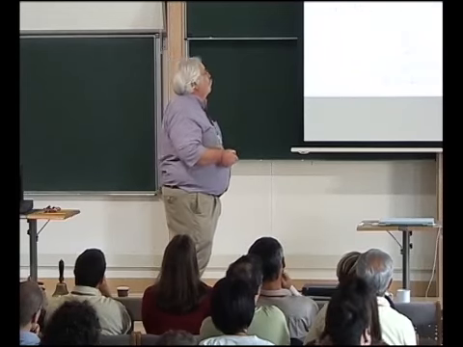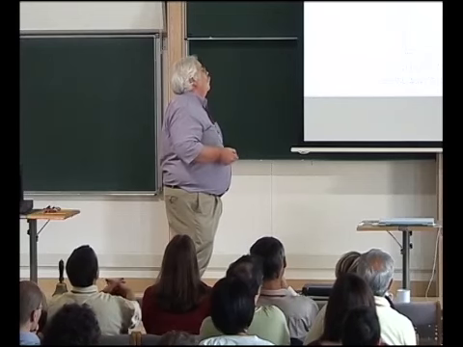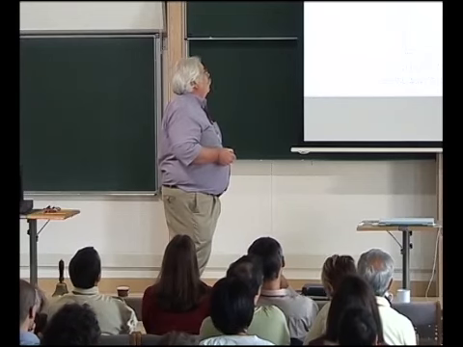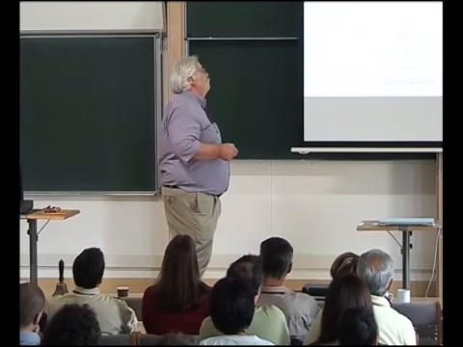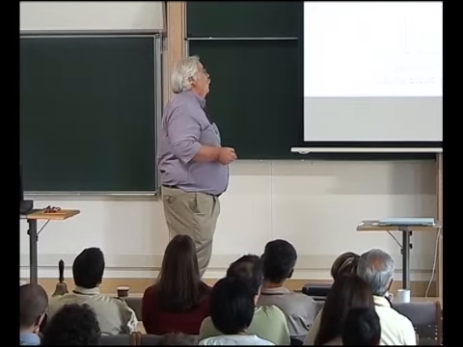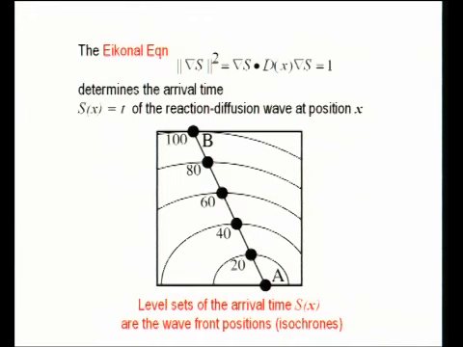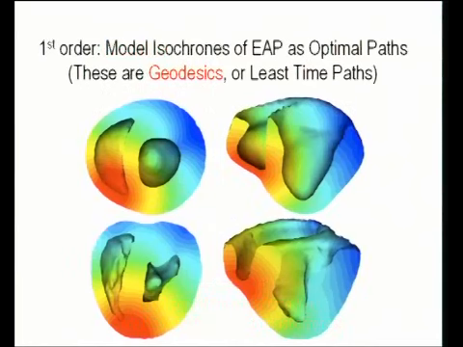There's been a lot of work in this area, a lot of really interesting work that points to this geometrical approach. So the solutions show the spread of the isochrones, and they don't spread as circles in a plane if you have an anisotropy. Instead, they have this other aspect to the eikonal equation.